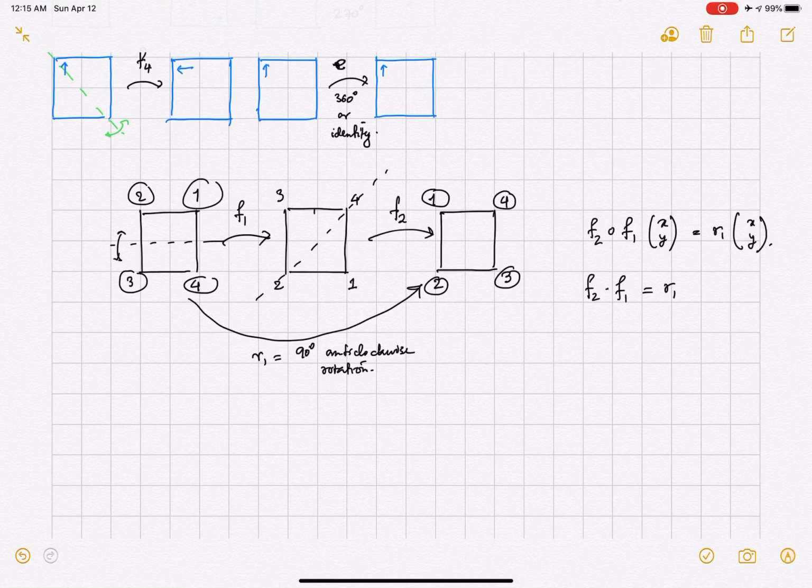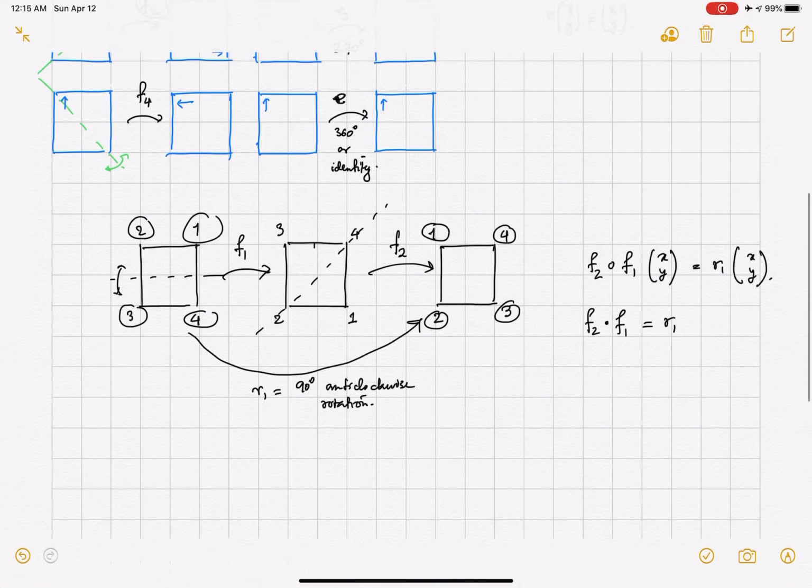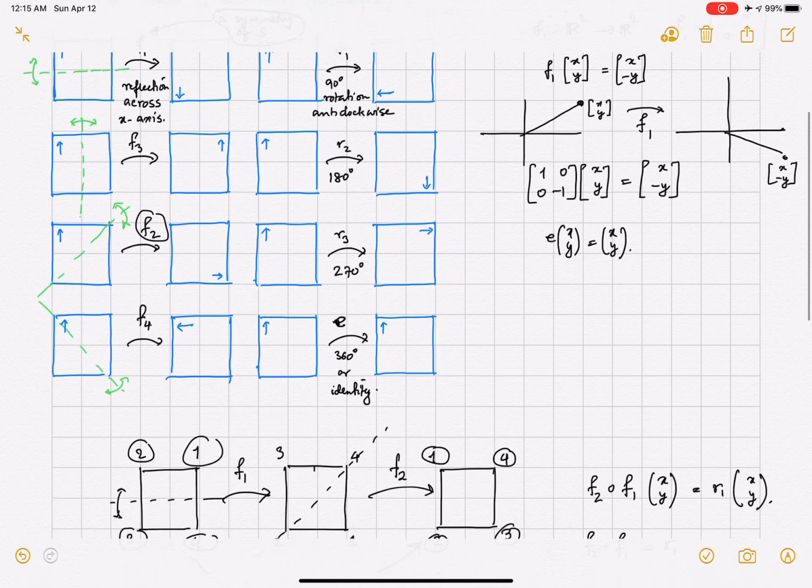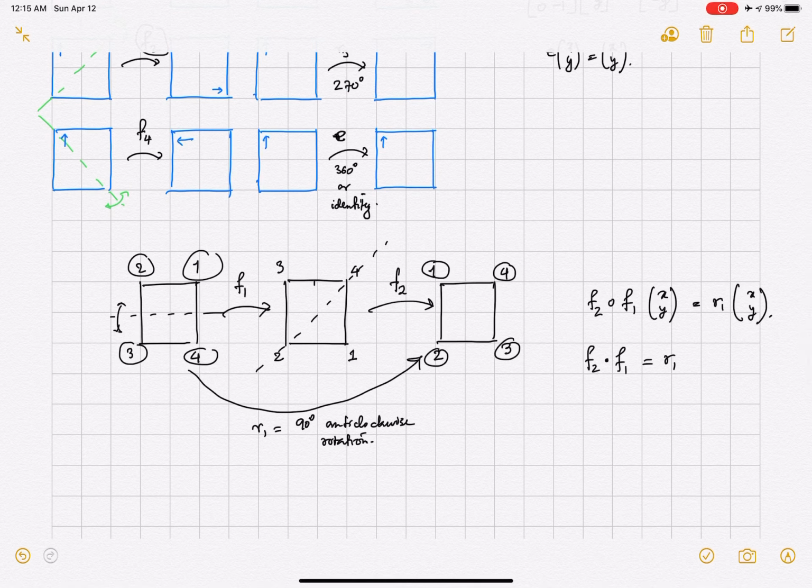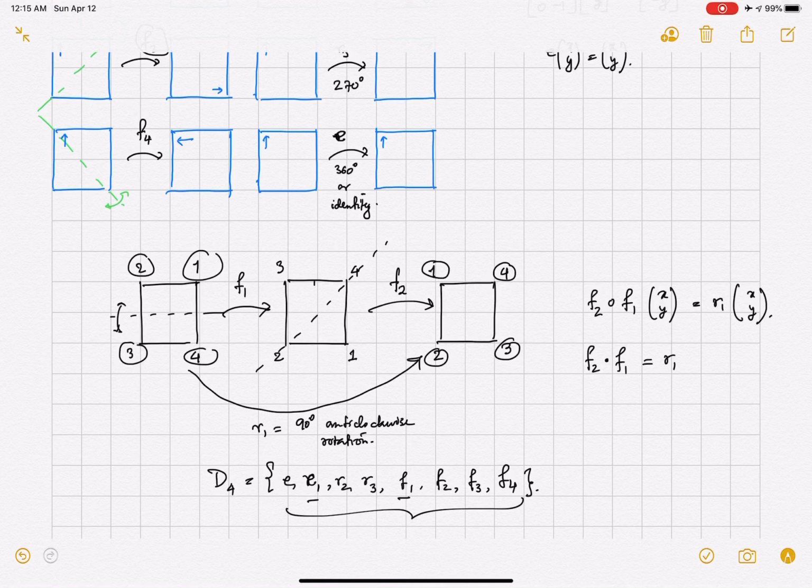So this composition in this case, applying these transformations back to back, turns out to be a binary operation on this set of 8 transformations. And let's call this set of 8 transformations D4. That's the standard name for it. Identity, R1, R2, R3, and then F1, F2, F3, F4. What I'm saying is that if you take any 2 of these and apply them back to back, then you again get one of these 8.